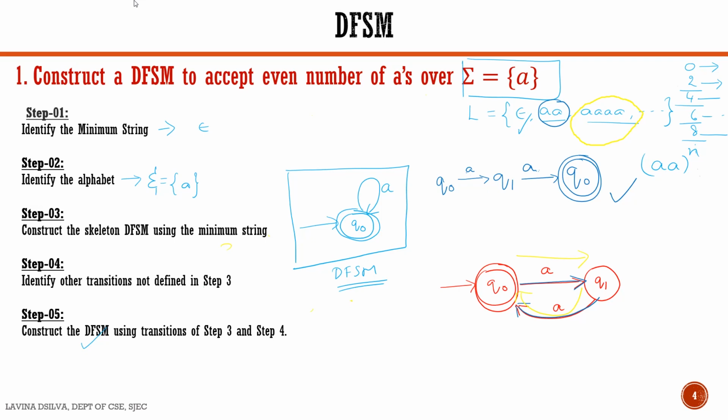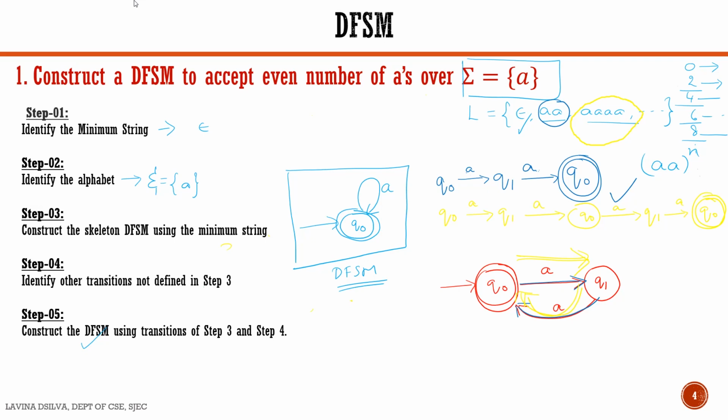We see our second A, then the third A, and then the fourth A. So, on Q0 you see your first A, you go to Q1. On Q1 you see the second A, you go to Q0. On Q0 you see the third A, you go to Q1. And on Q1 you see the next A, you go to Q0. Here you finish processing of your entire string, and the final state we have reached is Q0, and it's a final state.